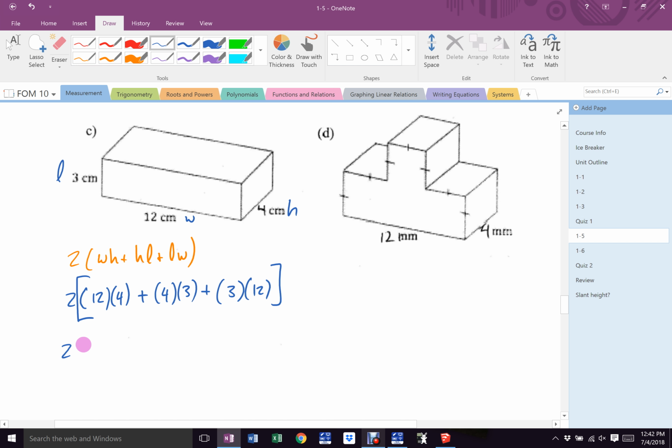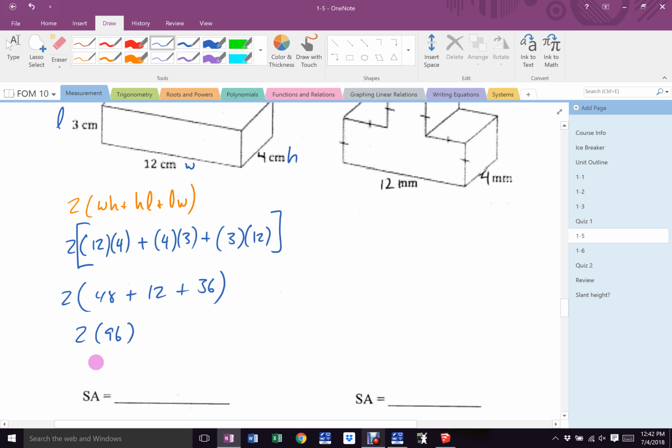Then I'm going to do math. 12 times 4 is 48, plus 4 times 3 is 12, plus 3 times 12 is 36. 48 and 12 is 60, 60 and 36 is 96, 2 times 96, and then that is 192. Shouldn't have been any problems there. All 30 of you should have gotten all 3 of those right.